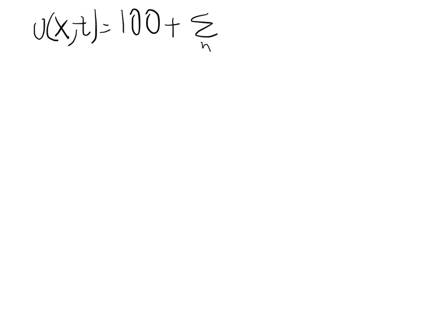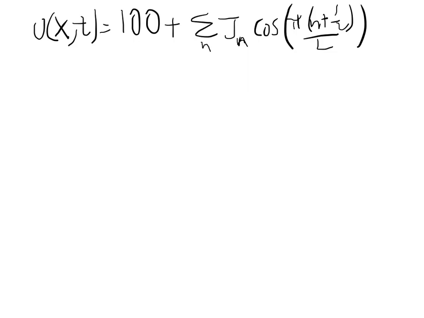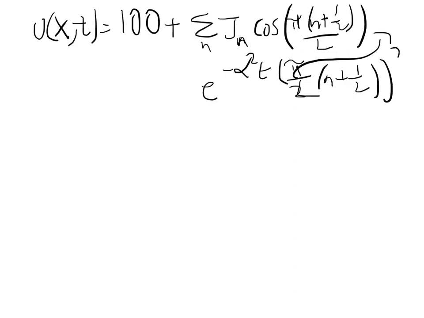So now that we have an expression for k, we should recreate our formula for u of x of t, right? And it's as follows, which is 100, which is the value we found for the constant, plus the summation of Jn, which is a new constant that varies with n, cosine (pi (n plus 1/2) over L) x, and that whole thing times e to the minus alpha squared t times pi over L (n plus 1/2), that part squared.